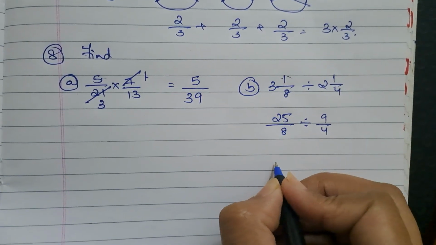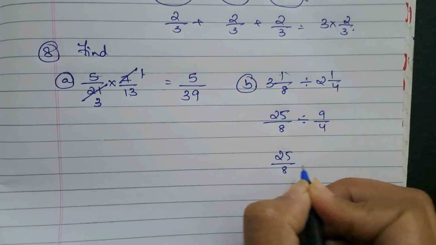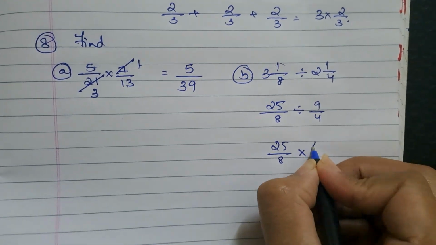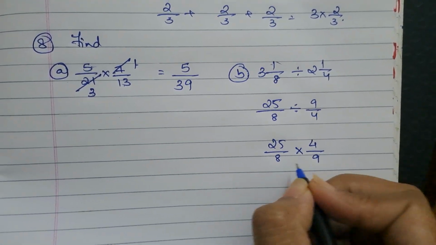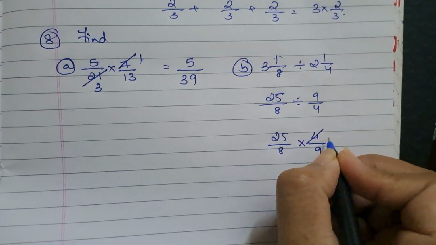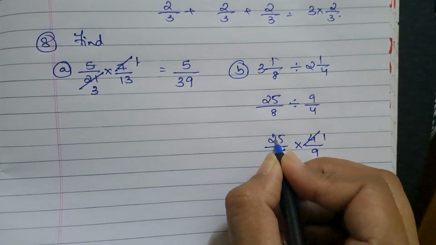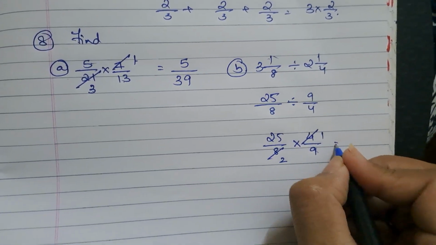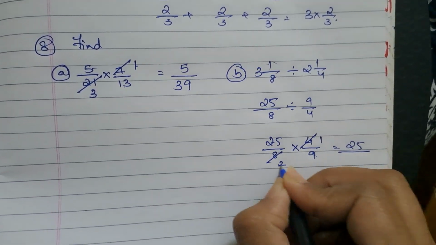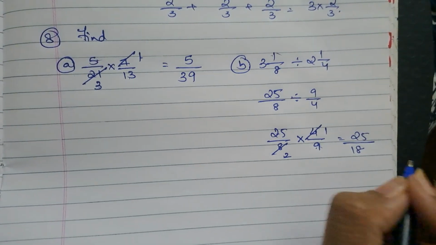Then I will simplify it further. 25 upon 8, division goes to multiplication, it becomes 4 upon 9. Is there anything I can reduce? Yes. 2 4 1s are 4, 2 2s are 4. These two or these two cannot be reduced. So 25 1s are 25, then 2 9s are 18 will be the answer that I will have.